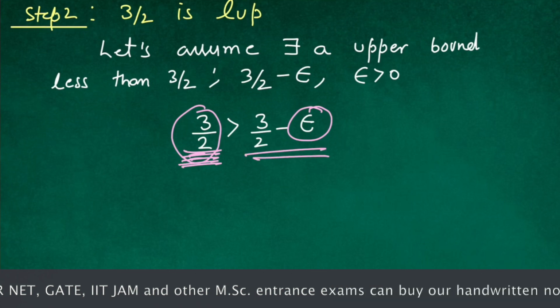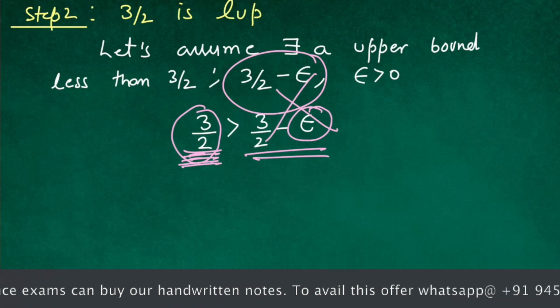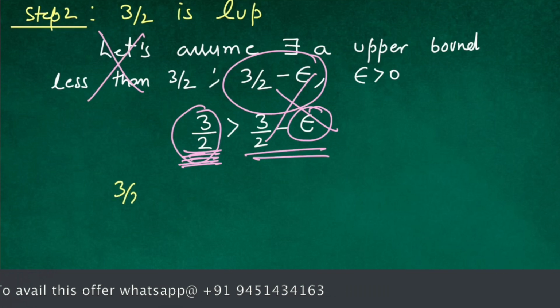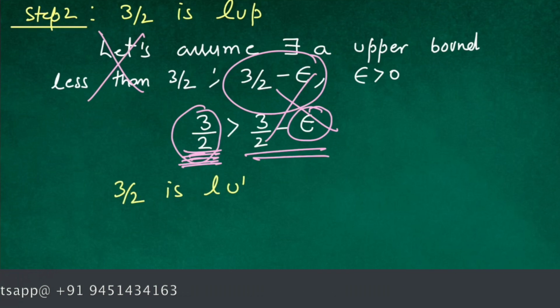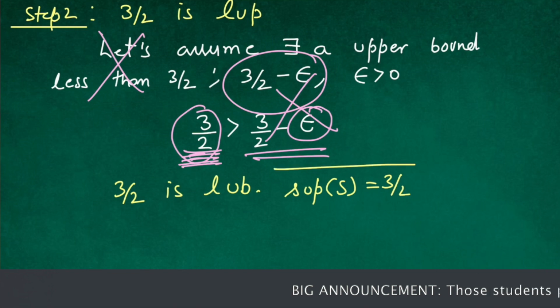That means 3 by 2 minus epsilon is not an upper bound. So our assumption is wrong. That means 3 by 2 is the lowest upper bound. So the supremum of set S is 3 by 2.